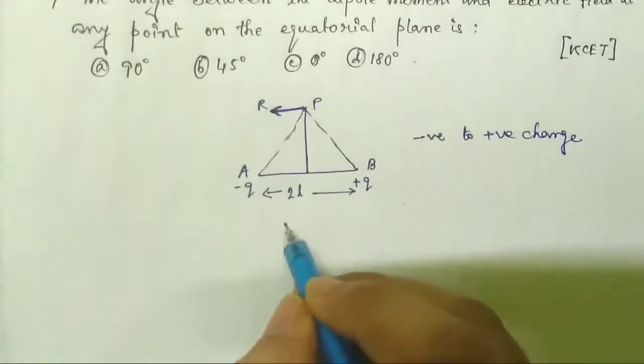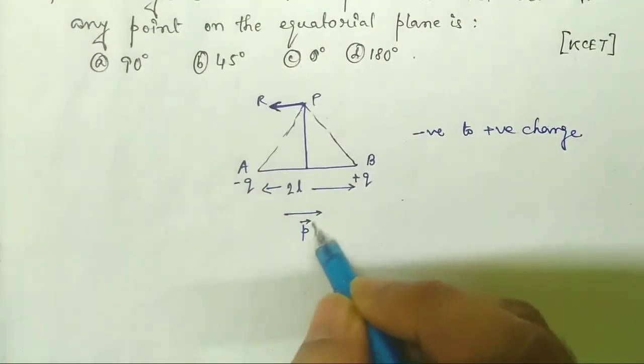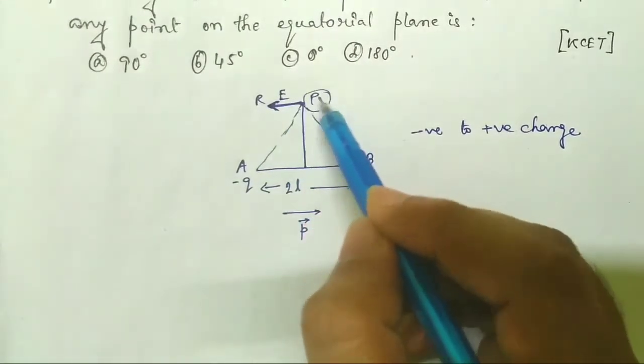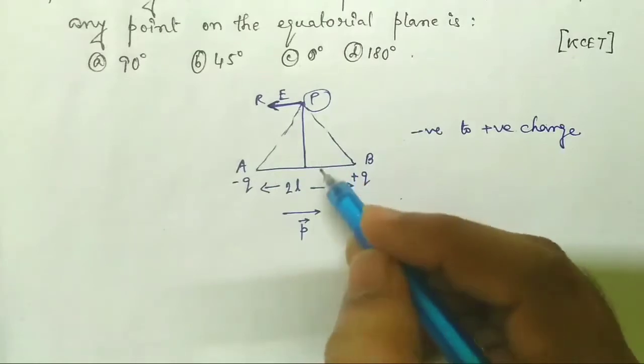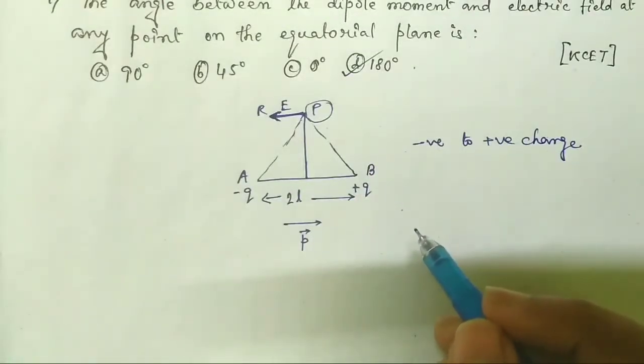So the direction of the dipole moment is in this direction, and this is the direction of the net electric field at point P. So the angle between P and E will be 180 degree. Move on to the next question.